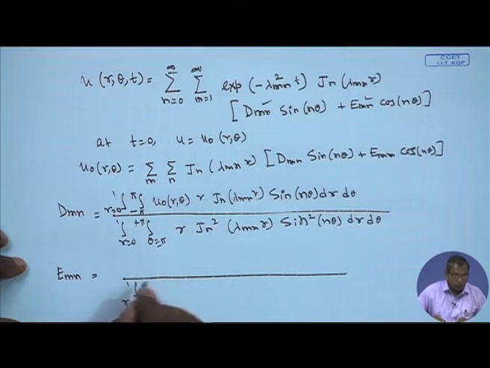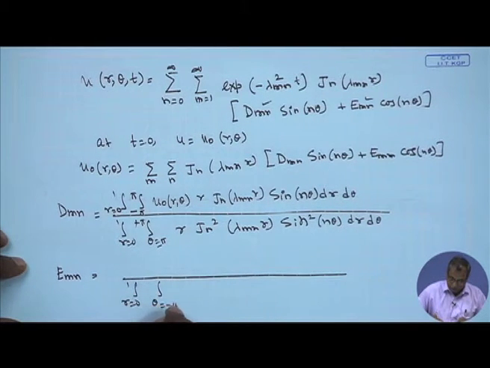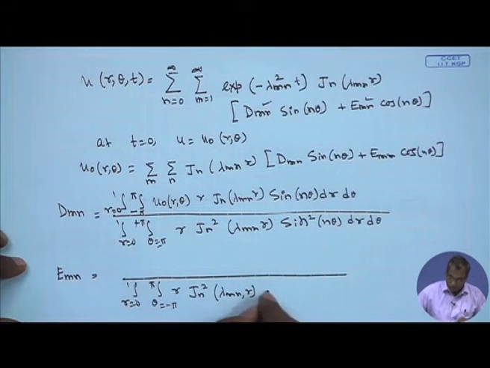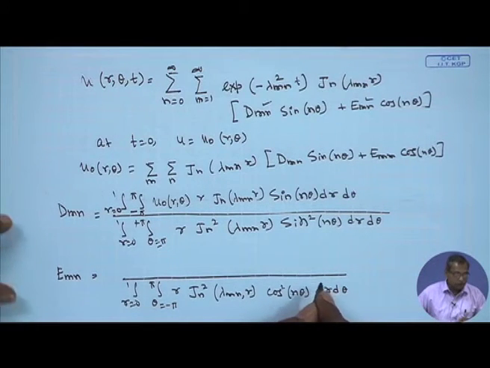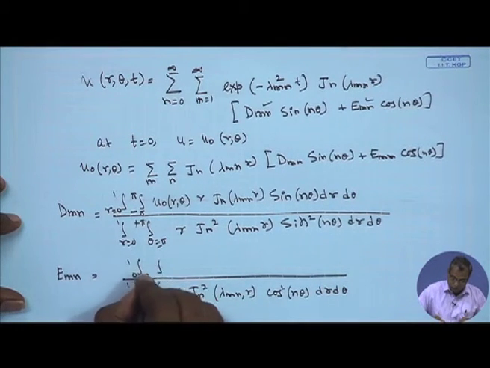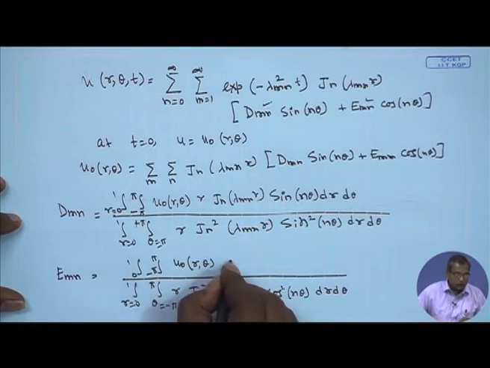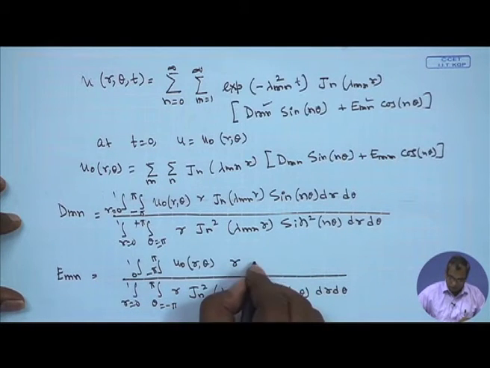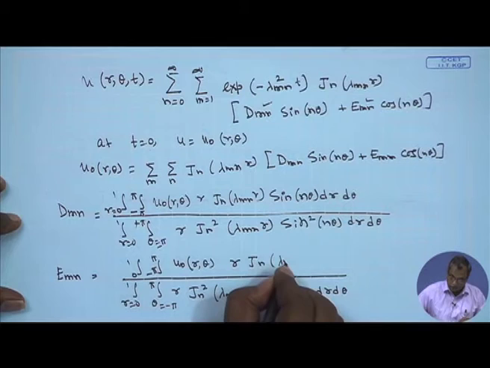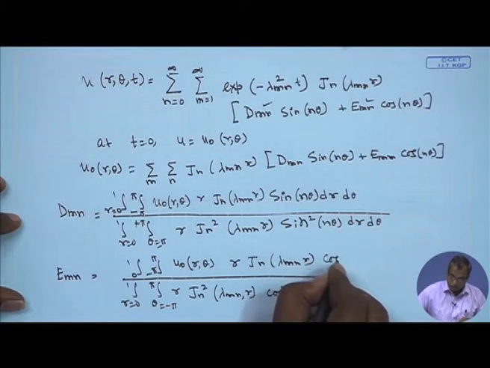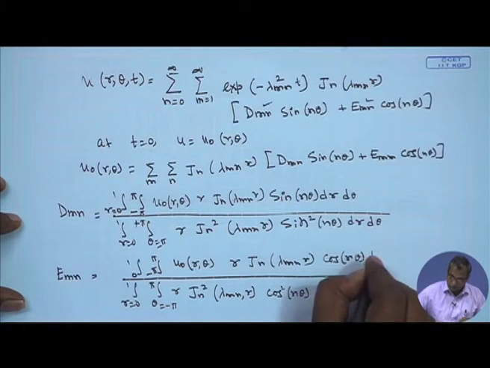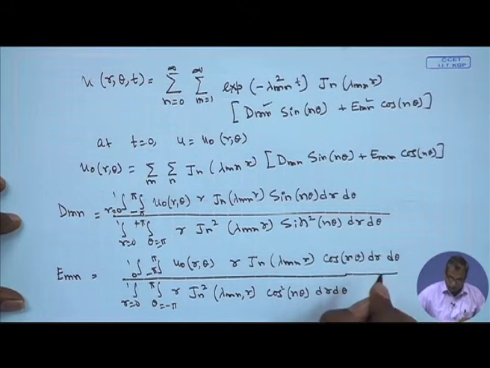the integral for r equal to 0 to 1, theta equal to minus pi to plus pi, of u 0 (r, theta) r J_n(lambda_mn r) cos n theta dr d theta, divided by the integral of r J_n^2(lambda_mn r) cos^2 n theta dr d theta.